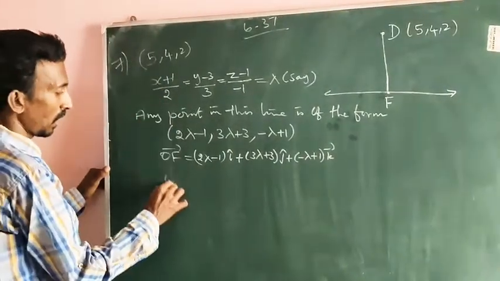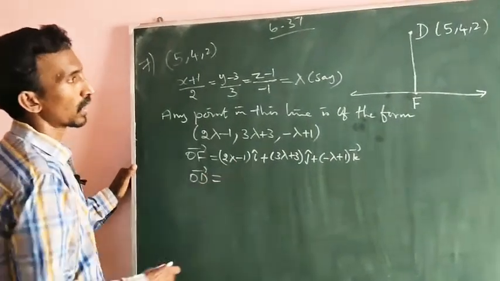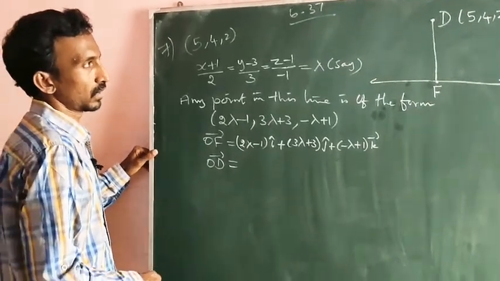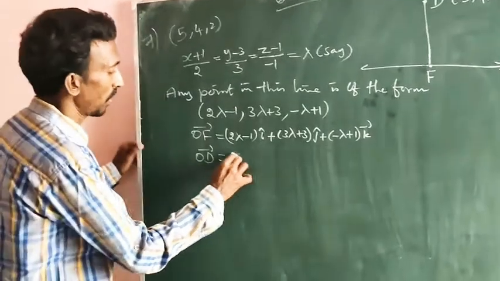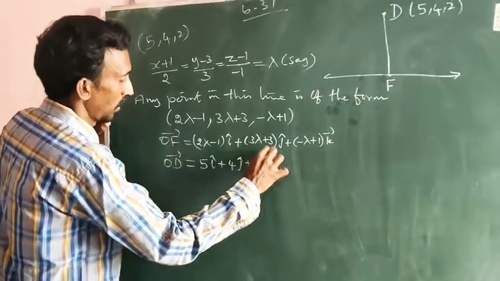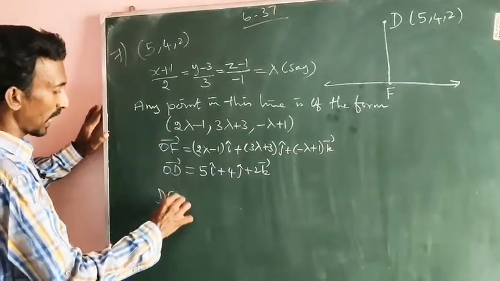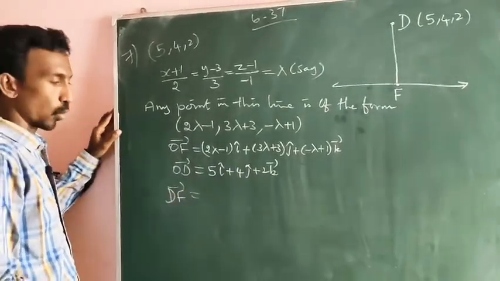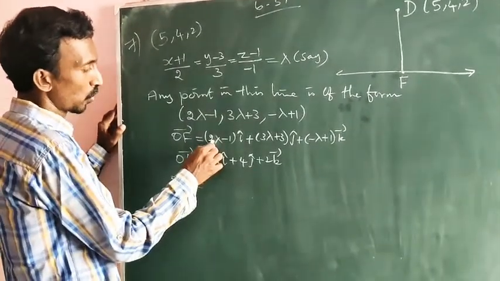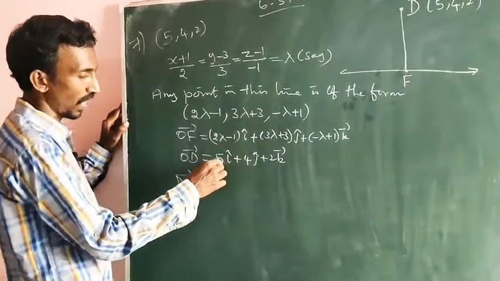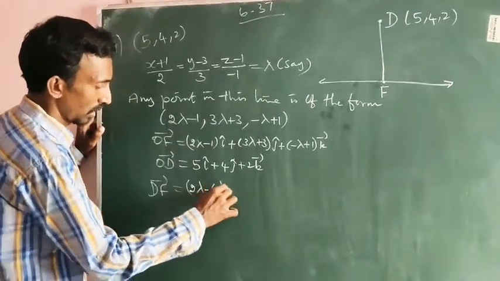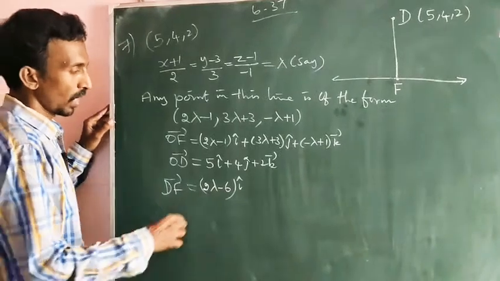Already we have OD vector equal to 5i plus 4j plus 2k. Now DF vector equal to, by the head and tail rule, OF minus OD. So OF minus OD: 2 lambda minus 1 minus 5, so (2 lambda minus 6) i.